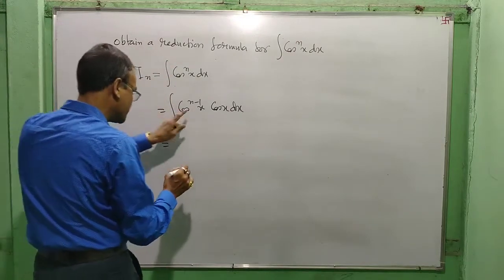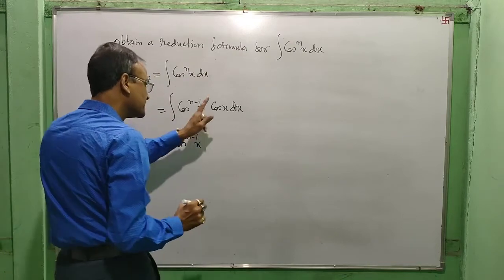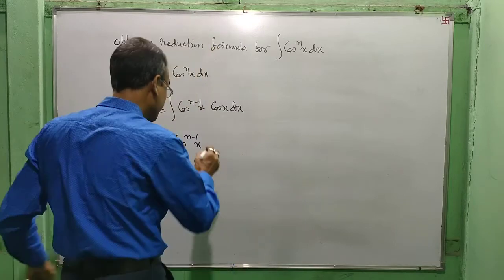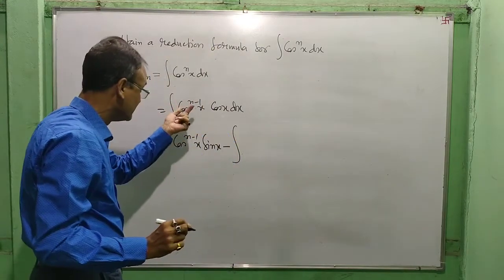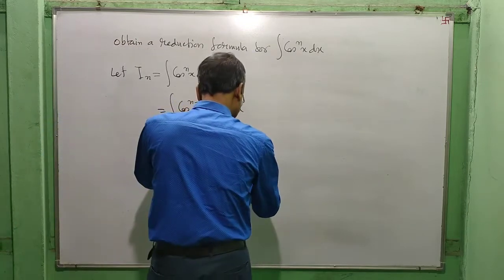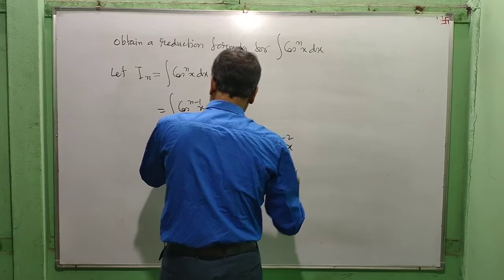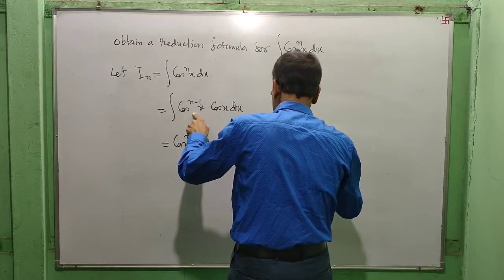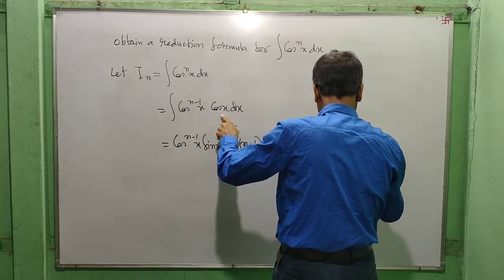This is equal to the first function cos to the power n minus 1x, into the integration of the second function, which is sin x, minus the integration of the differentiation of the first function, n minus 1 cos to the power n minus 2x, into minus sin x, into the integration of cos x, which is sin x dx.